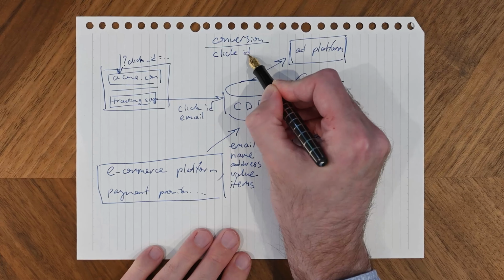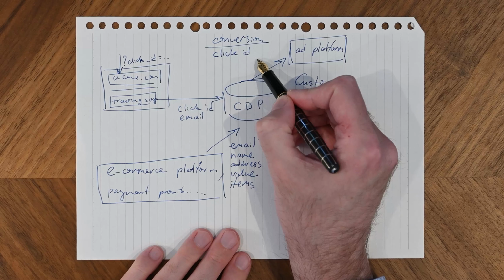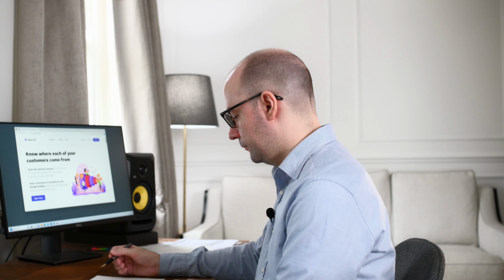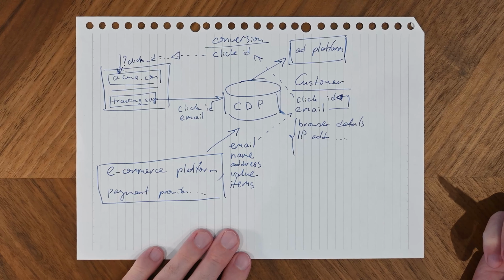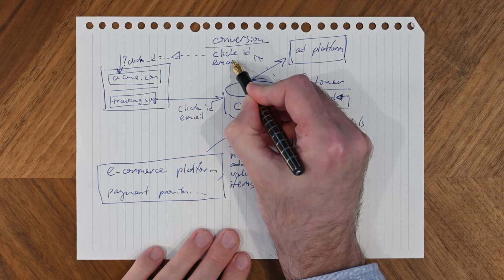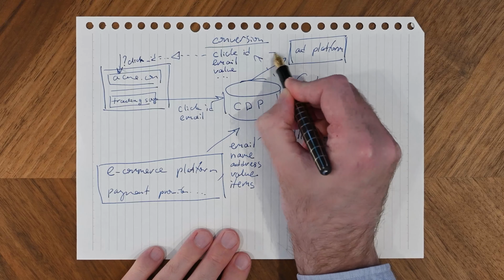So it will typically have the click ID, most crucially. The click ID alone allows the customer data platform to attribute the conversion to the source without having to make any guesses from browser details or other customer private information. So it will include the click identifier. Often it will include additional match parameters like an email, conversion value, and so on. And this gets sent to the ad platform.